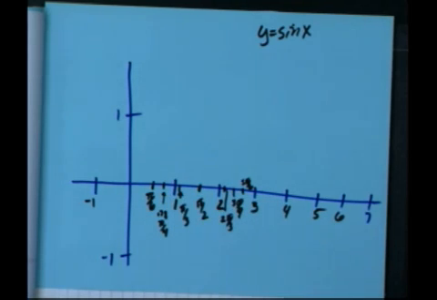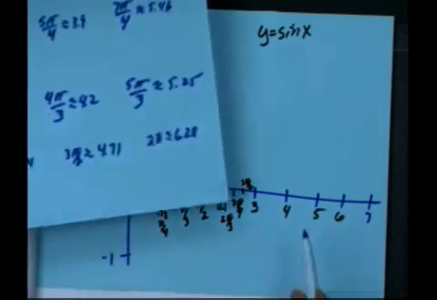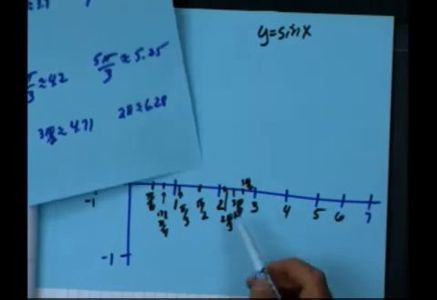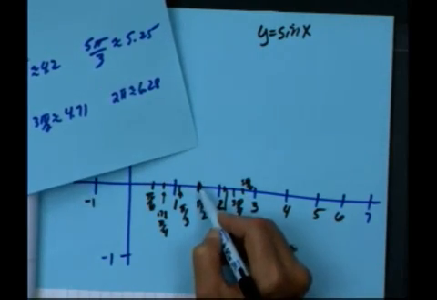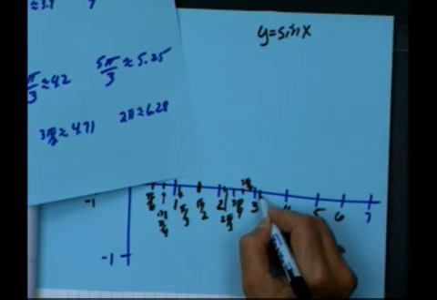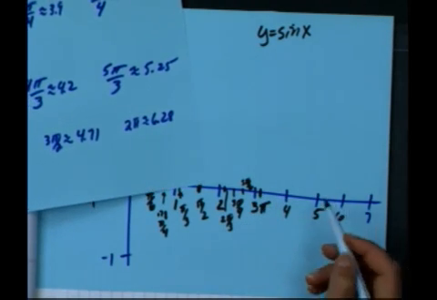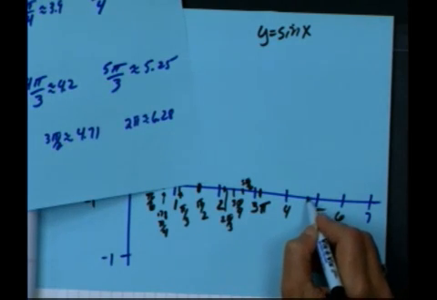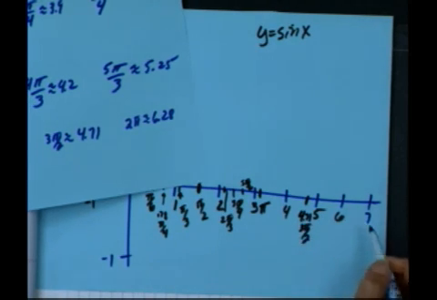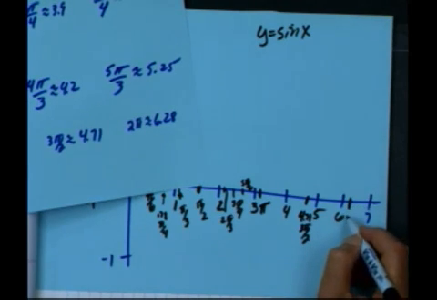Okay, so now I'm going to jump and not put in every single thing. I never put in pi over 2. Oh yeah, I did. Pi over 2. And then let's go to pi, which is about 3.14. And then let's go to 3 pi over 2, which is about 4.71. That's 3 pi over 2. And then 2 pi is about 6.28.